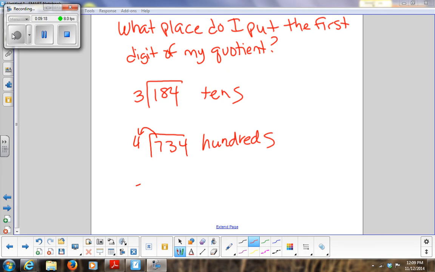Let's do another one. No, these are not in your book. I don't know, put it on there. Okay, what place should the first digit of my quotient go into? Which place value should the first digit of my quotient go over?